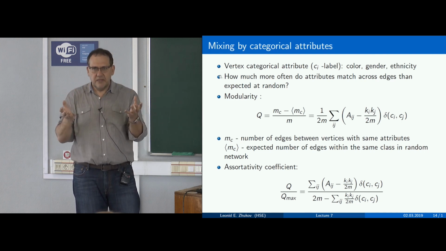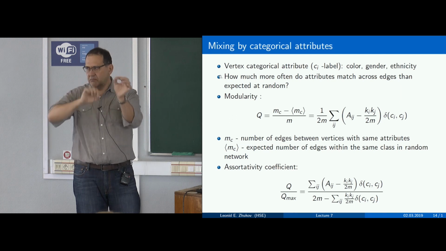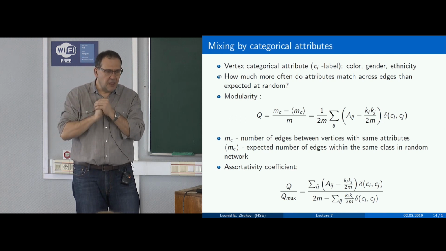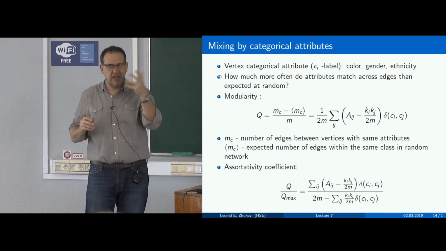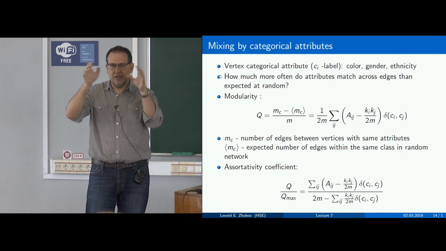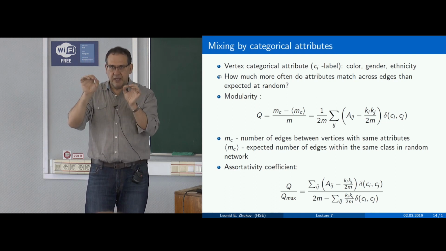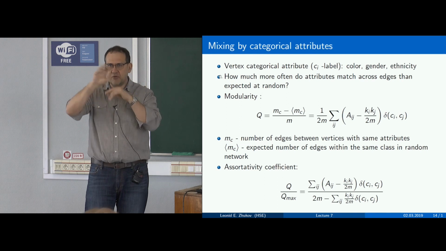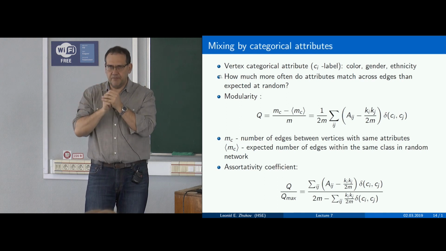And so the baseline would be the following. Imagine you have a graph with the same mix of attributes, right? With, let's say, male, female, left wing, right wing, Democrats, Republicans, there are nodes. And then you take your edges and you randomly throw them on this graph.